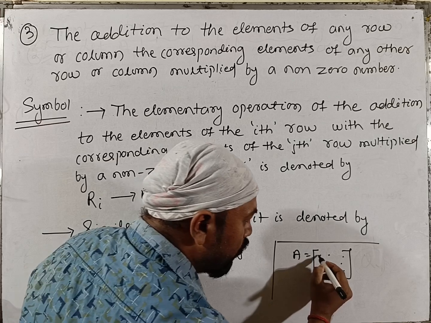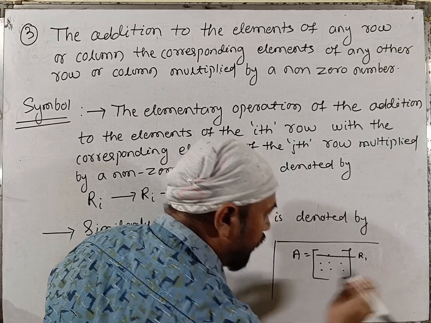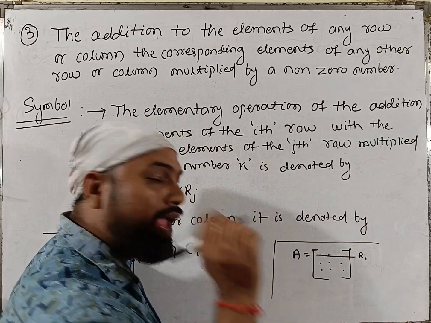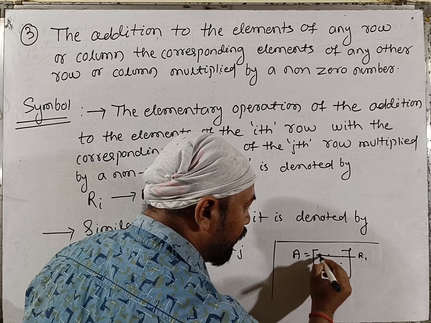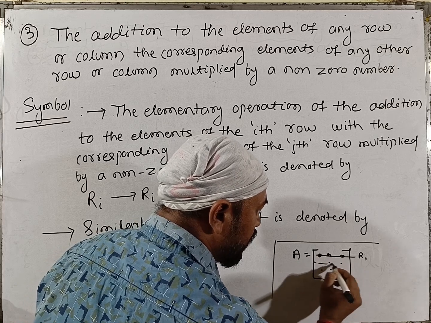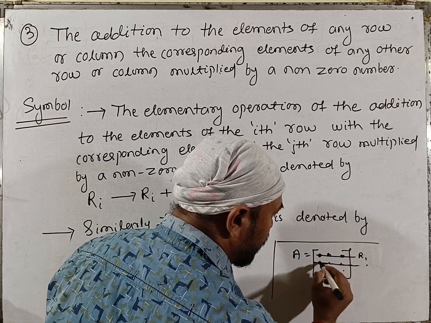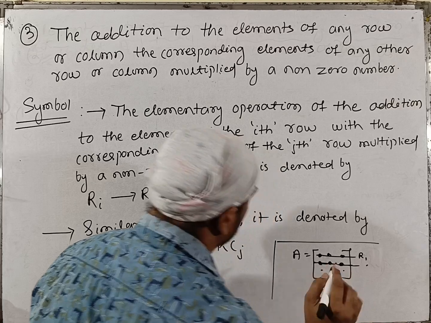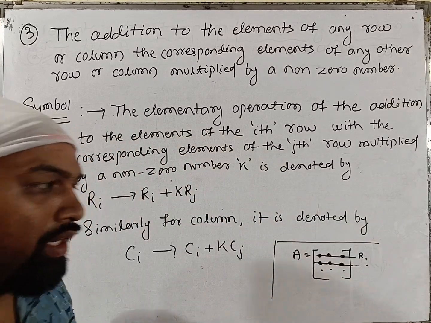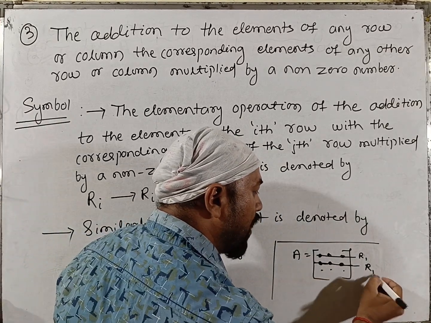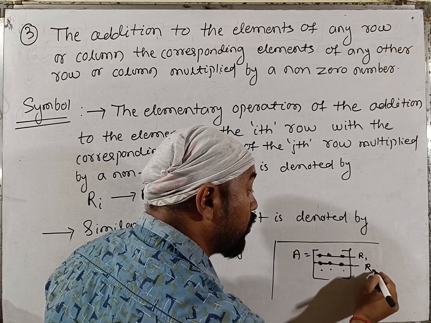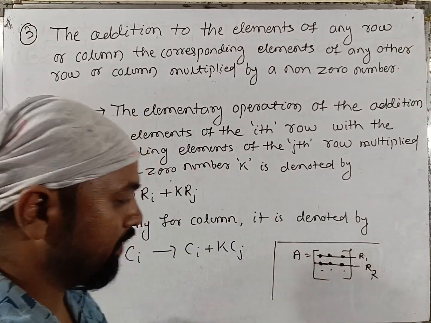Suppose you have to change row 1 by using the help of row 2 elements. That means in total you have to consider 6 elements. But you have to replace the row 1 elements.